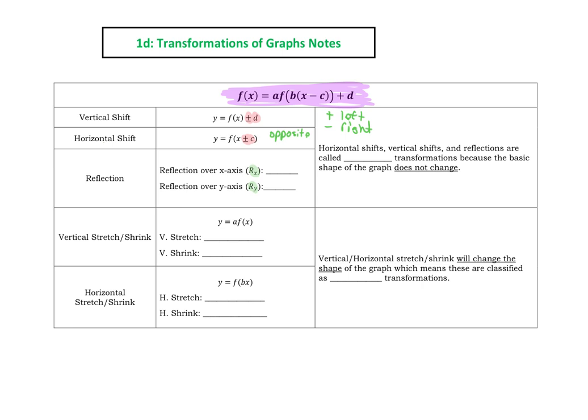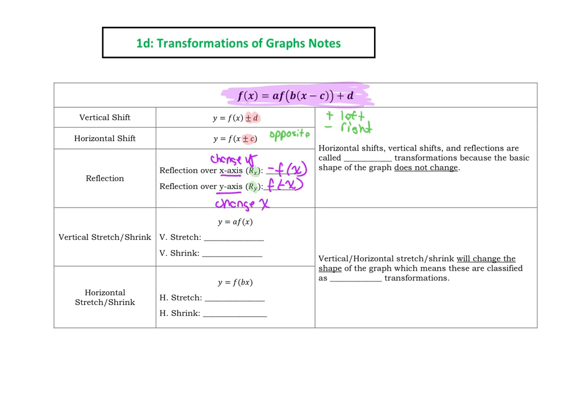Here is where we do negative f of x, and this is where it's f of negative x. When I reflect over x, I change the y, and when I reflect over y, I change the x to its opposite.